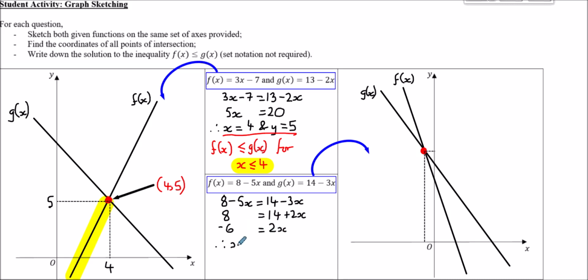So we're going to intercept where x is minus 3 and where y is, well, again, let's work it out. So sub in x equals minus 3 into either f of x or g of x. Let's pick f of x. Where x is minus 3, 5x is going to be minus 15. So 8 minus minus 15 is 8 plus 15, which is going to be 23.